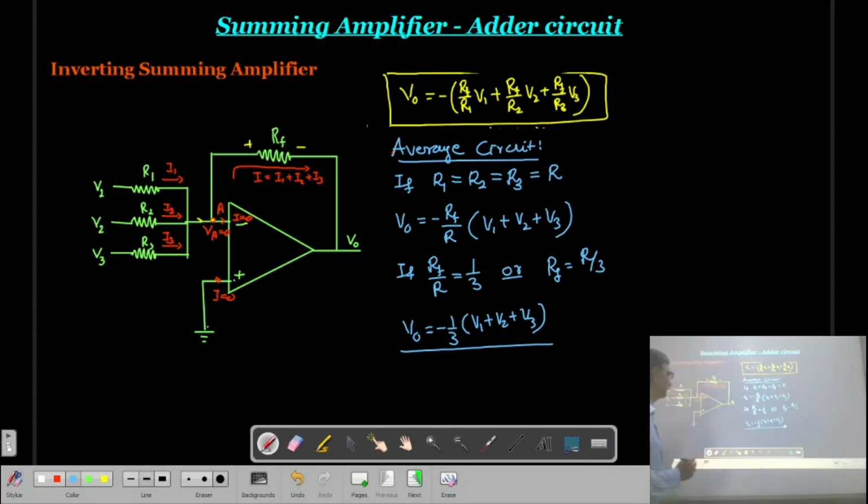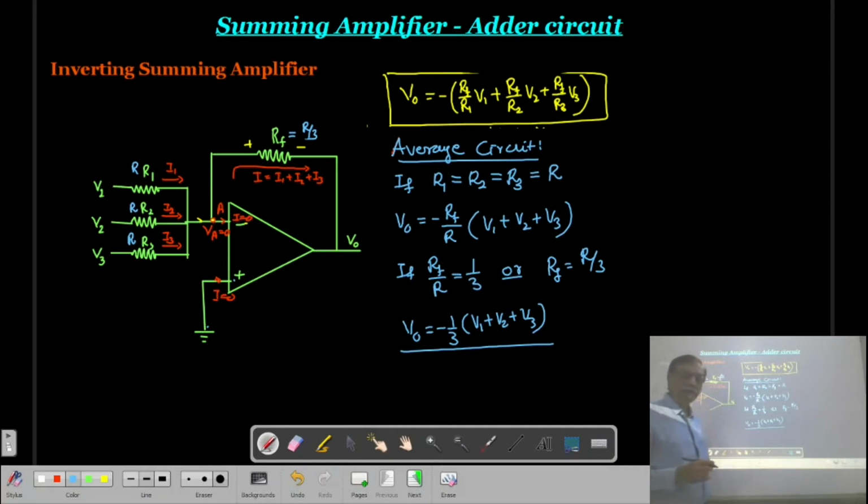So in this way, if this is R, this is R, this is R, and RF is equal to R by 3, then the circuit will give you the average of the input voltages.